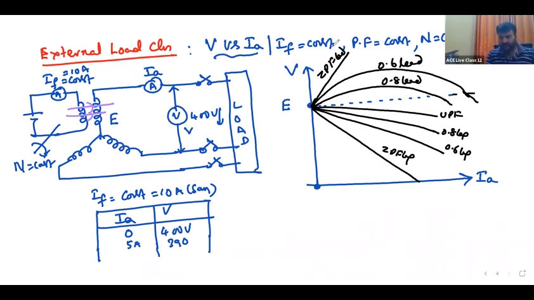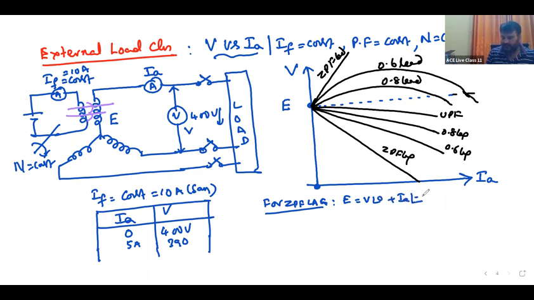You can find ZPF lagging and ZPF leading both are linearly decreasing. For example, if you take ZPF lagging, E is equal to V0 plus IA, what is the current angle, power factor angle, minus 90, into XS, say XS at an angle 90 degrees.